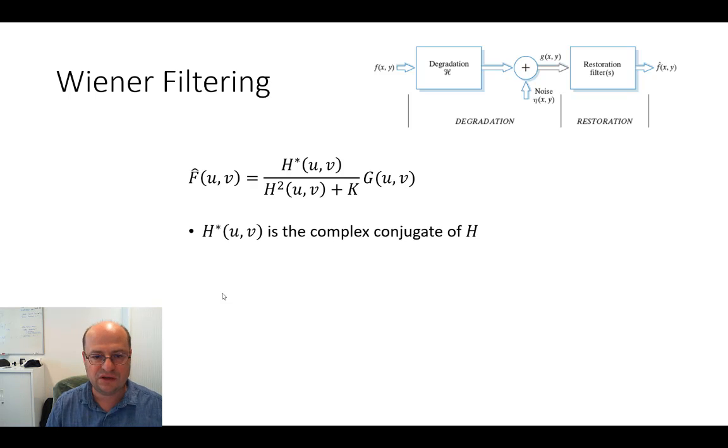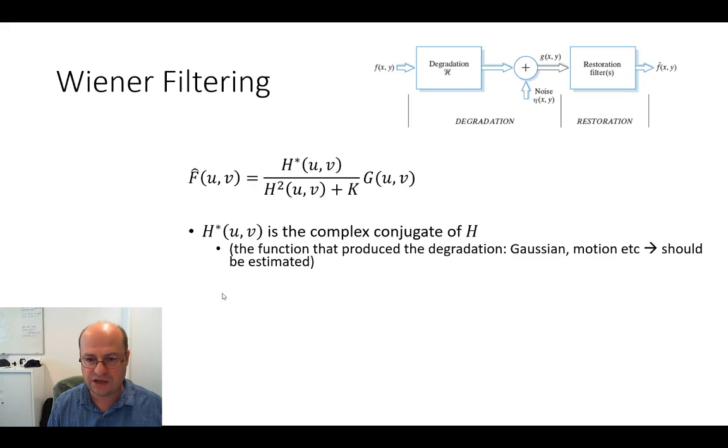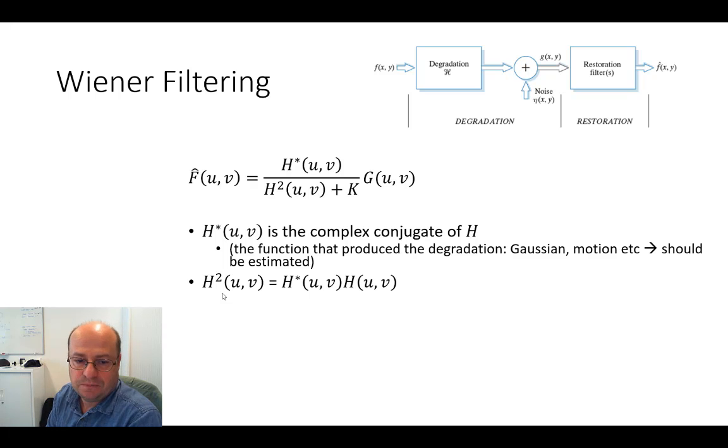So where H star is the complex conjugate of H, that's the function that produced the degradation. It could be a Gaussian, a motion, and this should be estimated. Estimated in the same ways that we discussed before, either by observation, by modeling, or by experimentation.